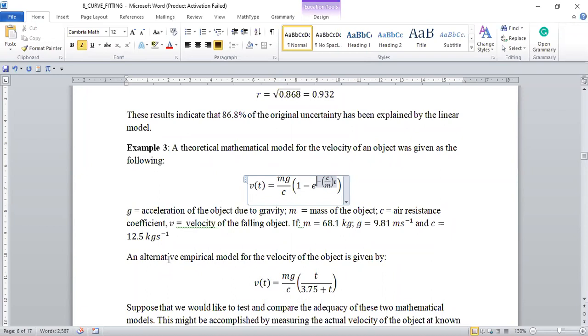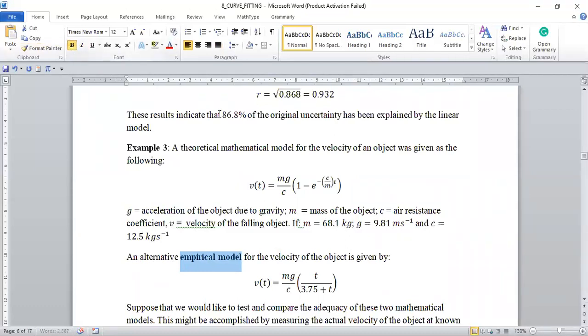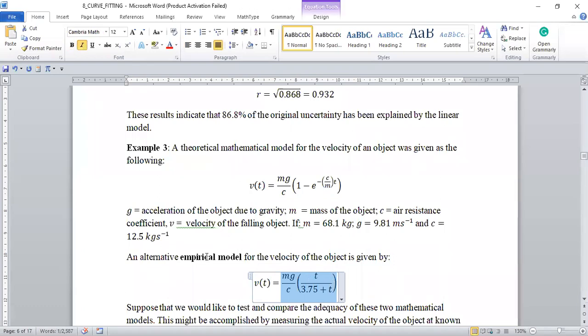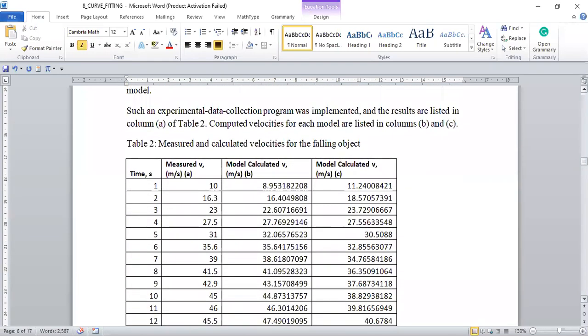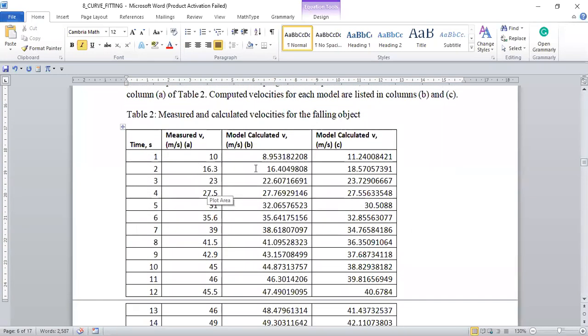So this is a mathematical model. If, for instance, another person derived another model, an empirical model, given by this, and you have your measured points. So this is the question, right?